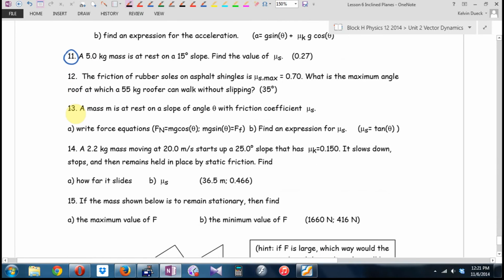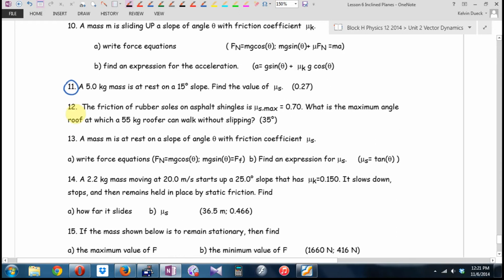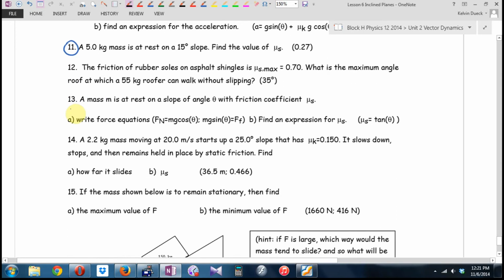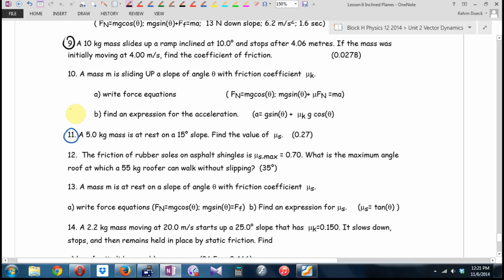Maybe. 12, finding an angle is cool, but I'm not going to ask you to find an angle. Well, it's kind of cool. Meh. I'll pause with that, and then we'll jump into lesson 7.